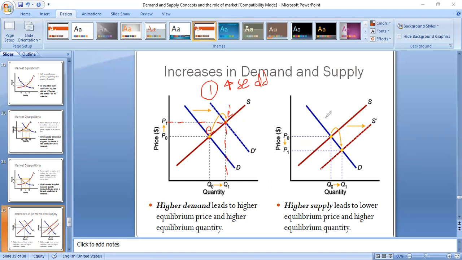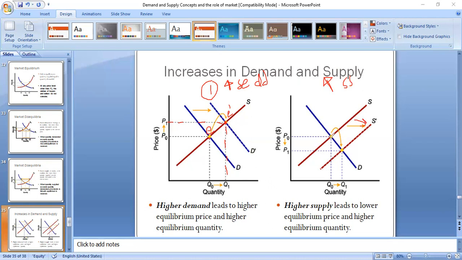So a change in demand will also lead to a change in the equilibrium price and output. Then here it is showing an increase in supply, because it is shown by the supply curve shifting outwards or to the right, right?